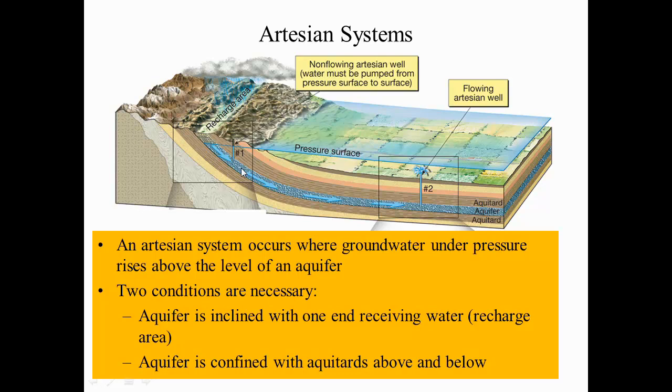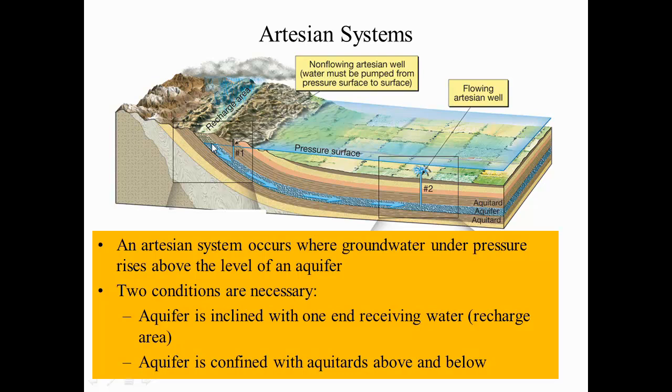And once the aquifer moves further to greater depths, notice that it's bounded above and below by aquitards. As such, that aquifer is trapped, or sandwiched, between those two aquitards and can only flow further towards greater depths.